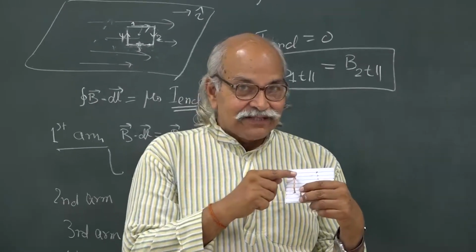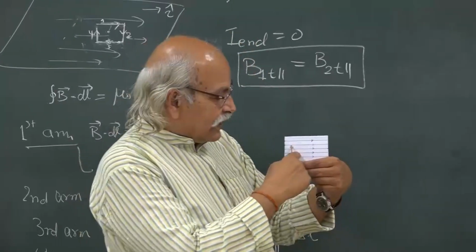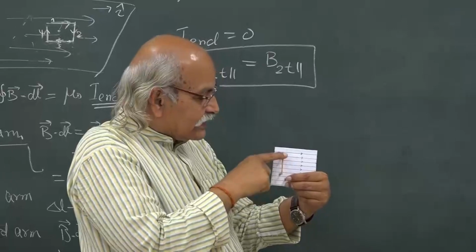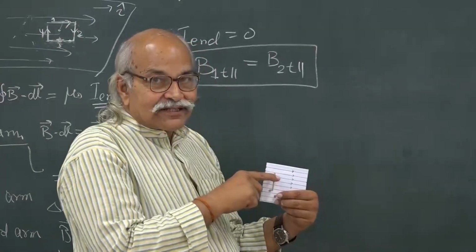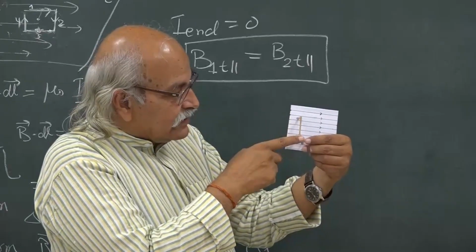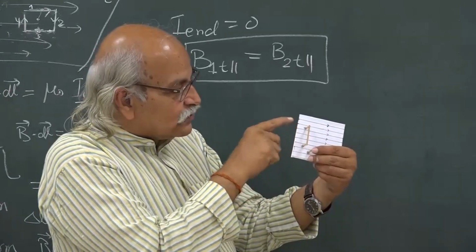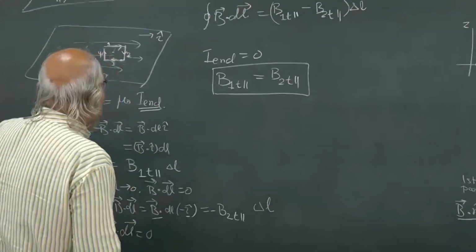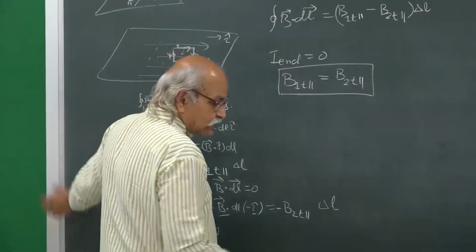If your x is here and z is here, it is z cross x. So, this direction is your y direction. So, let us take the loop this way, from here to here, and then here to here, and here to here. So, this will be this B dot dl. So, where do I do? Here.